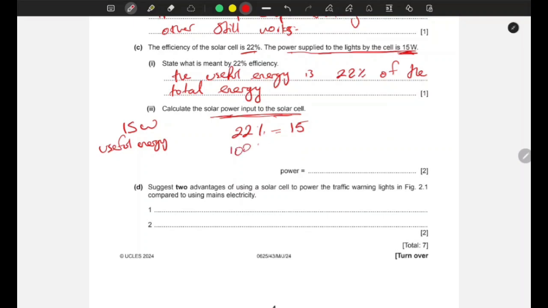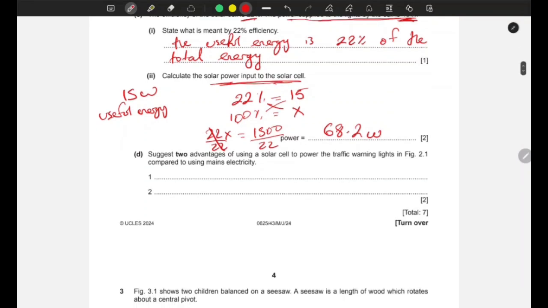So what is 100%? Equal to, you can say x. So cross multiply, we have 22x equals 100 times 15. That's 1500 over 22, which gives us 68.2 watts. So this is the total amount of energy generated.